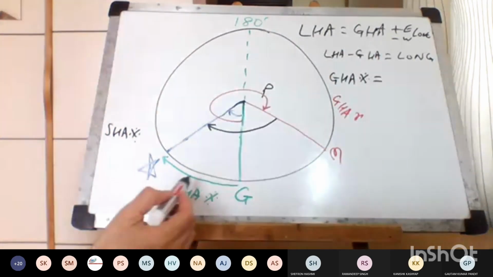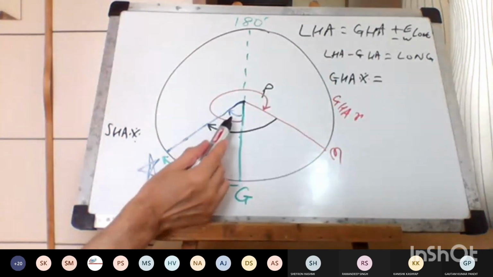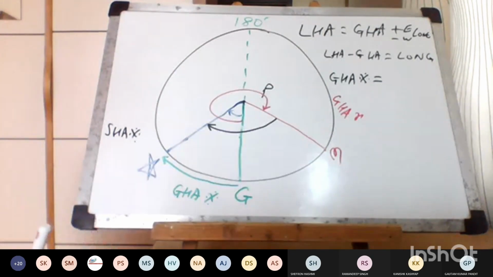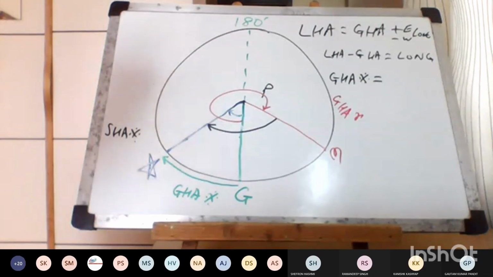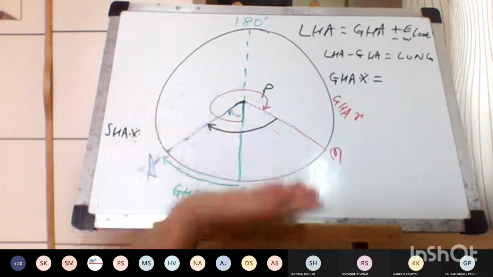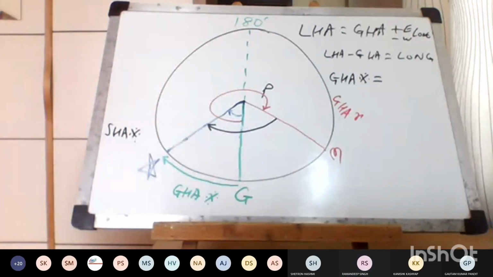How will I get it from here? GHA star, this blue one. Can you tell me? Yesterday we saw this on the slide. GHA star is equal to GHA Aries plus SHA star. The first example was easy because Aries was on this side. Now Aries is on that side, so we have a little problem. What was the formula?